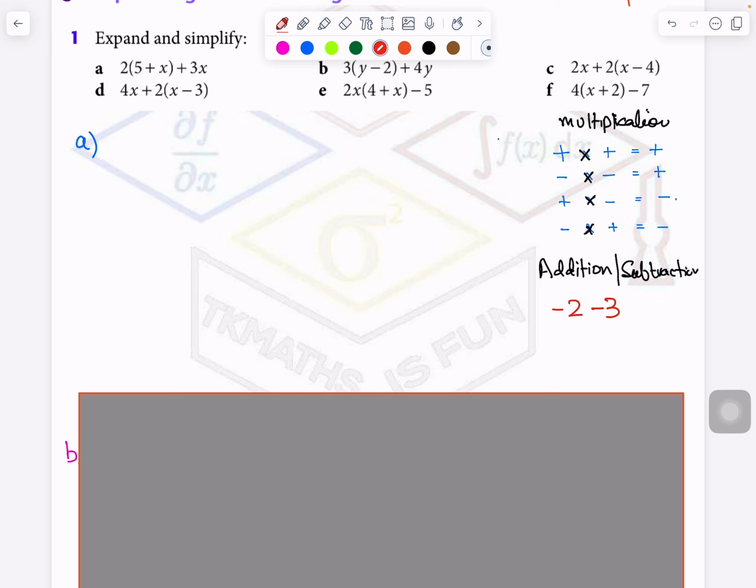Both numbers are negative. Answer will be -5. Numerals will be added up, 3 and 2, because signs are the same. But what sign will come? Minus along. If I have 2 plus 3, both are plus, numbers will be added and the sign will be plus.